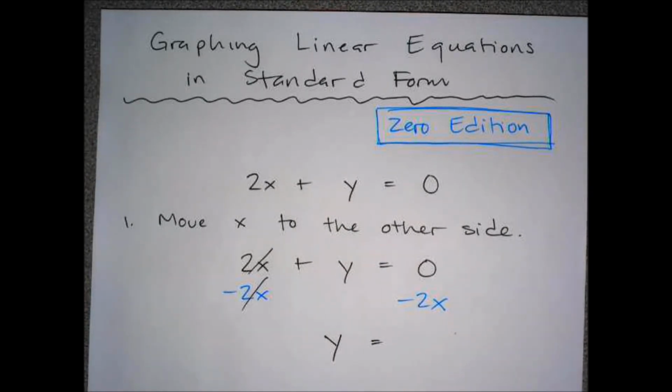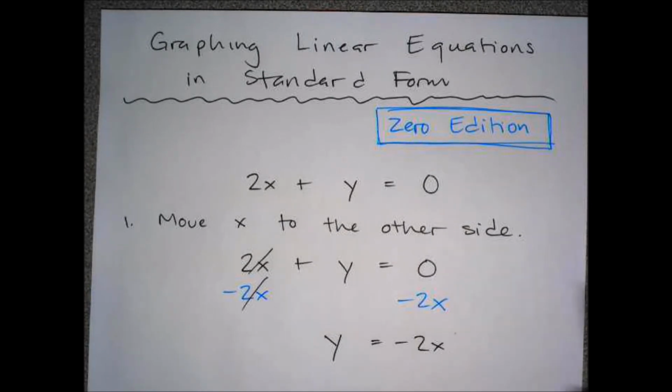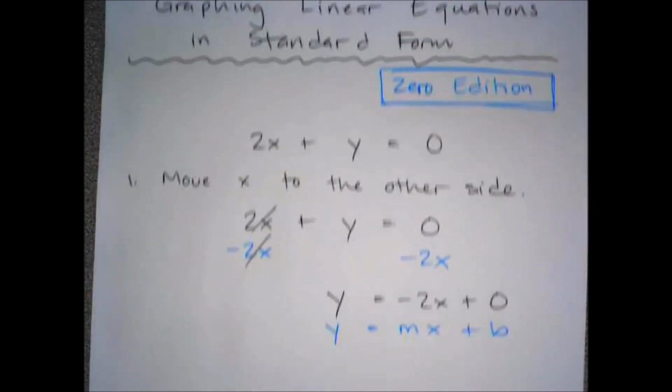And what we've been doing in the past, we take this right here, we bring it down right here, negative 2x. And if that was a number other than 0, we would say plus that number or minus that number. But since it's 0, we're just going to put plus 0 here. And there's a reason why we're doing this. If we look at this, this is put into slope-intercept form, which works out really conveniently for us.